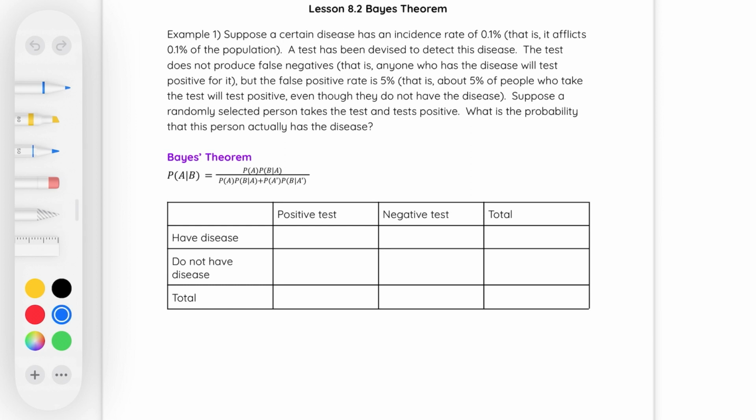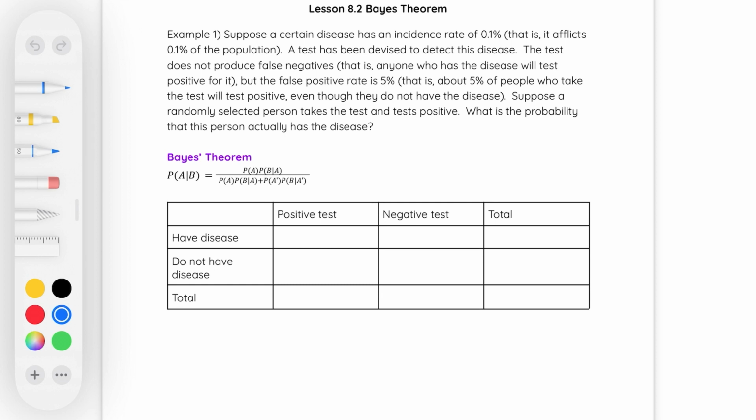So suppose a certain disease has an incident rate of 0.1%. That is, it afflicts 0.1% of the total population. A test has been devised to detect this disease. The test does not produce false negatives. That means that anyone who has the disease will for sure test positive for it 100% of the time.